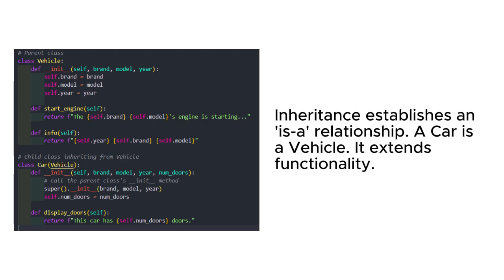Now let's compare these three concepts. First, inheritance establishes an is-a relationship: a car is a vehicle. It extends functionality. The second is composition.